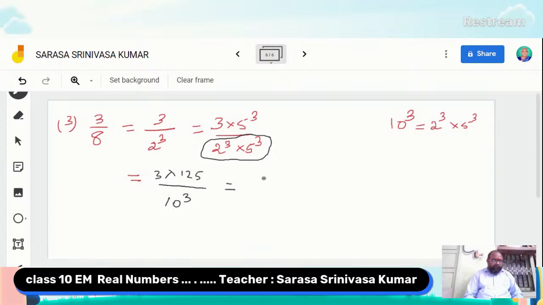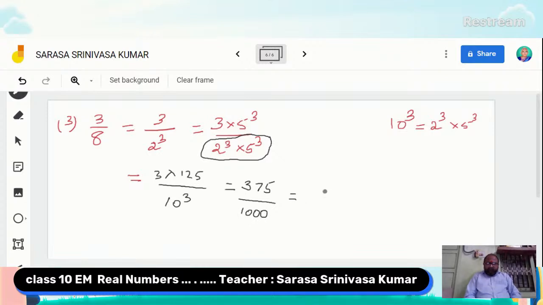This is equal to 125 multiplied by 3 equal to 375. This is equal to 375 divided by 1000.